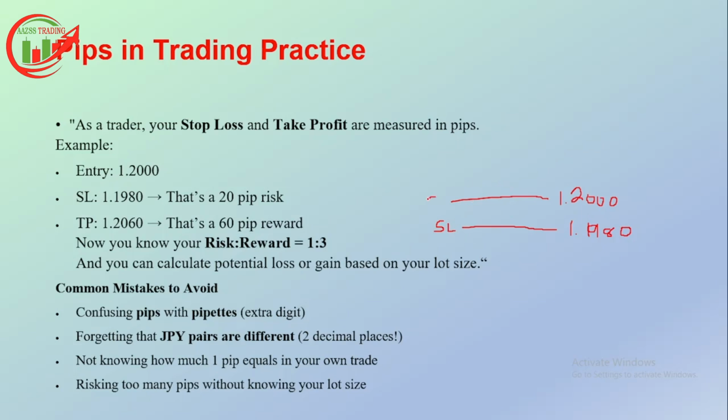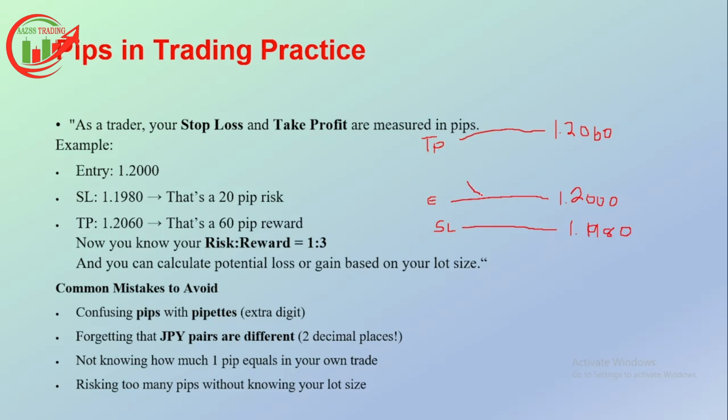So this is your entry. Now your TP, the take profit, is somewhere here, 1.2060. That's your TP, right?